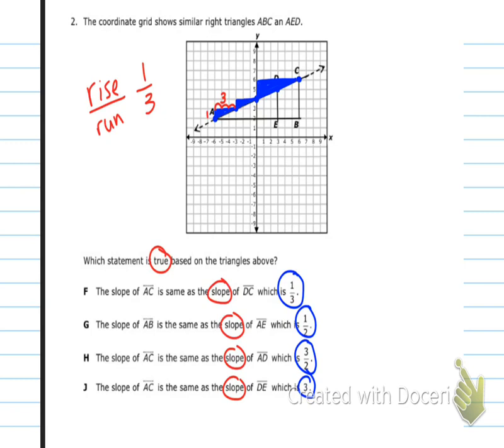The reason I want you to be careful is because some people put 3 over 1, which gives me 3. This is wrong. The way you find slope is not run over rise, it's rise over run. So this over here would be wrong, but it's normally an answer choice. If you go check, notice that they did actually put J there.